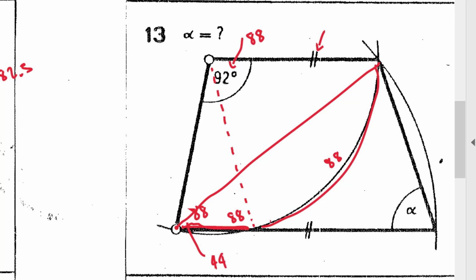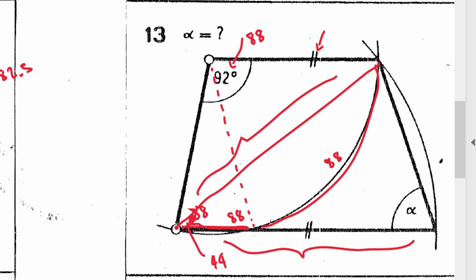And then now you have to recognize, this is the tough one, that this side and this side are the legs of an isosceles triangle with this vertex 44, which makes this angle and this angle the same, and that means that both of those are 68 degrees.